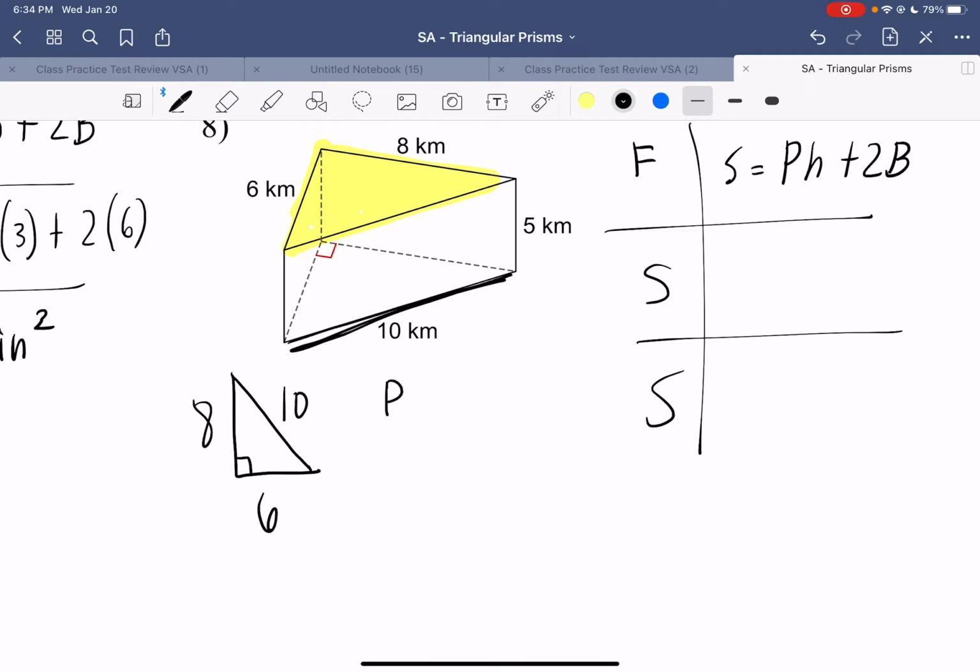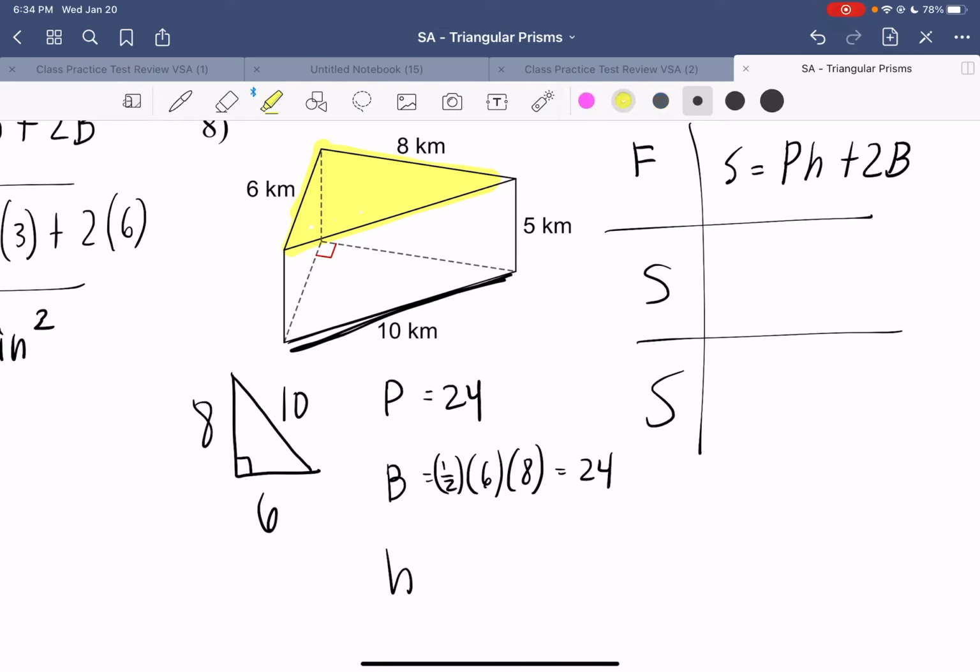So for P, B, and H, we walk around: 6 plus 8 plus 10 gives us 24. The area of the base is 6 times 8 times 1/2, so we have 1/2 base times height. So 1/2 times 6 times 8 gives us 24.